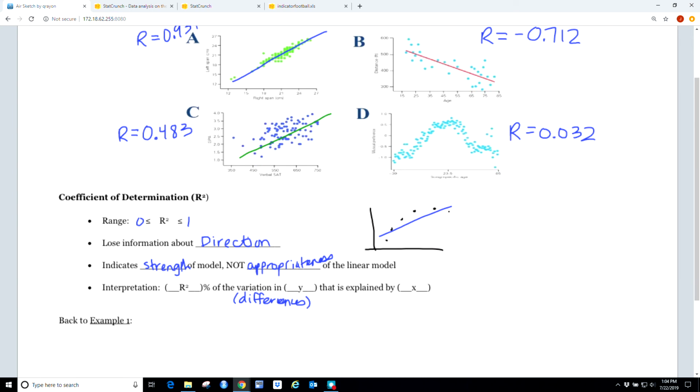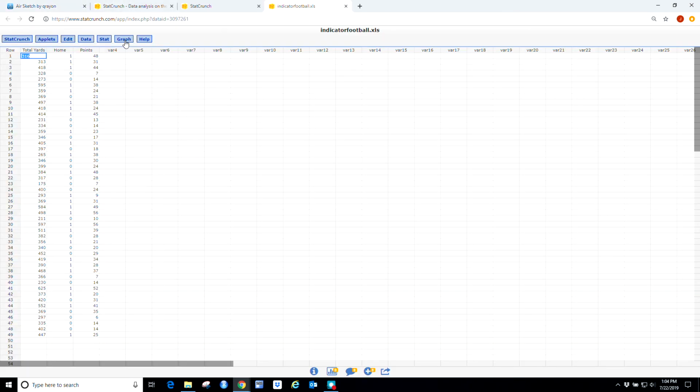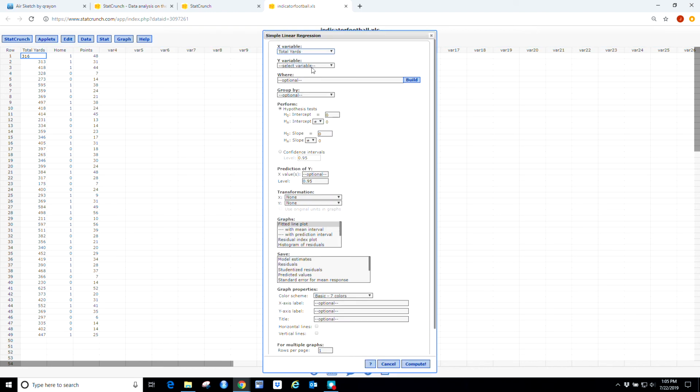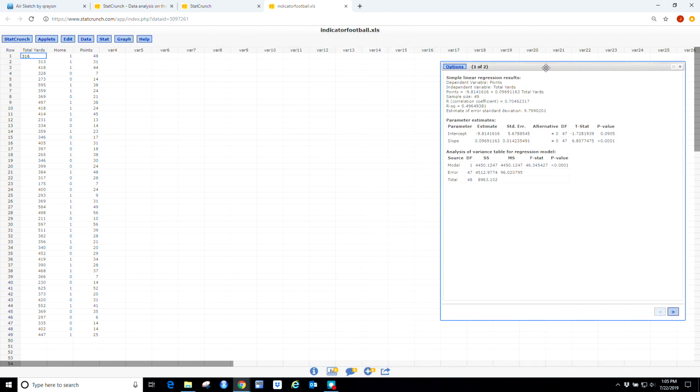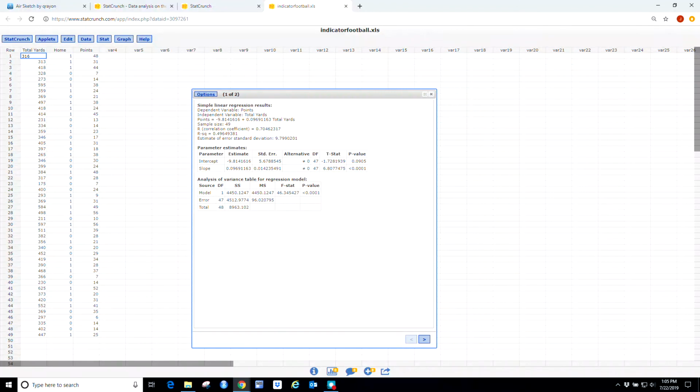To understand this better, let's actually do this for our example. For our football data set, I'm going to the same place we had already been, that regression in simple linear, putting in our x and y that we've already talked through before. And I get that when I initially have my compute. So here is that r, and here is your r squared.